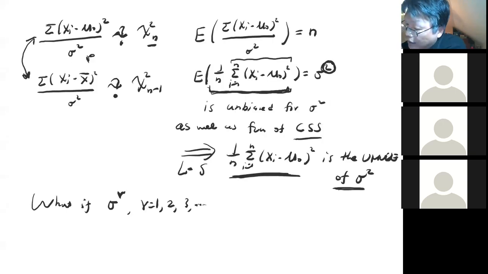I do know this follows a chi-square with n degrees of freedom. So in order to find an unbiased estimator of gamma, that's what we are trying to find, you can actually find it easily.